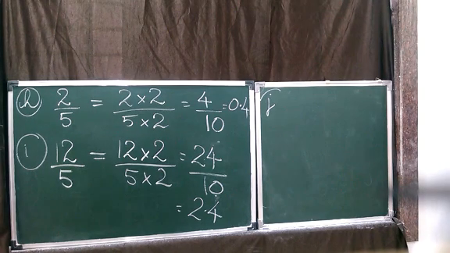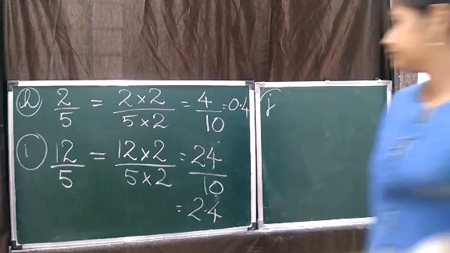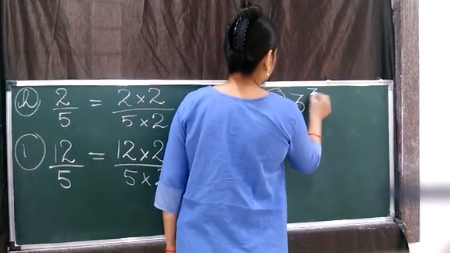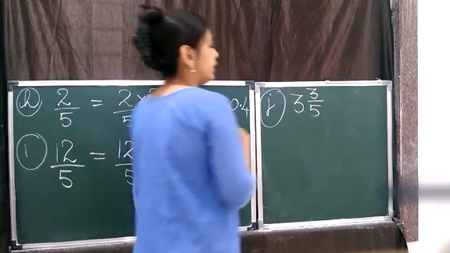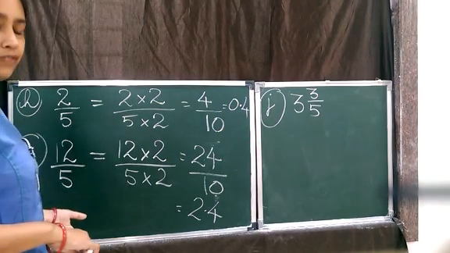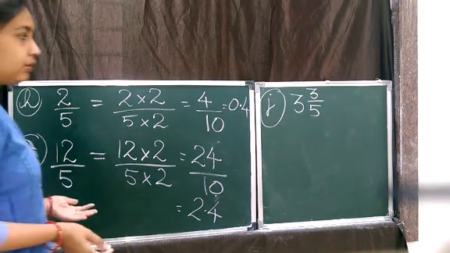You have to start J. Chalk. Where's my chalk? 3 and 3 by 5. Now children, either you again convert it into a fraction or you can do directly. How directly?